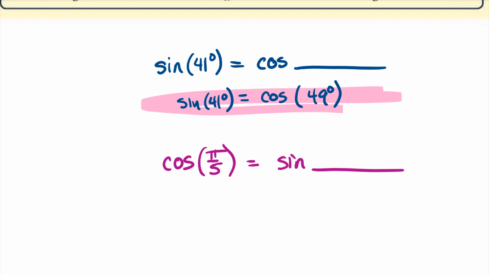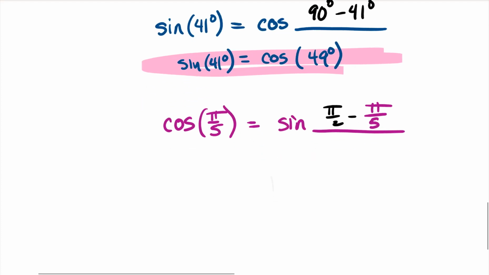So if we're talking complementary angles, I had up here before 90 minus 41. Well, now we're in radians, so we do pi over 2 minus pi over 5. Can you subtract two fractions? Can you do 1/2 minus 1/5? I'm sure you can. It's the exact same thing, except there's going to be a pi in your answer.